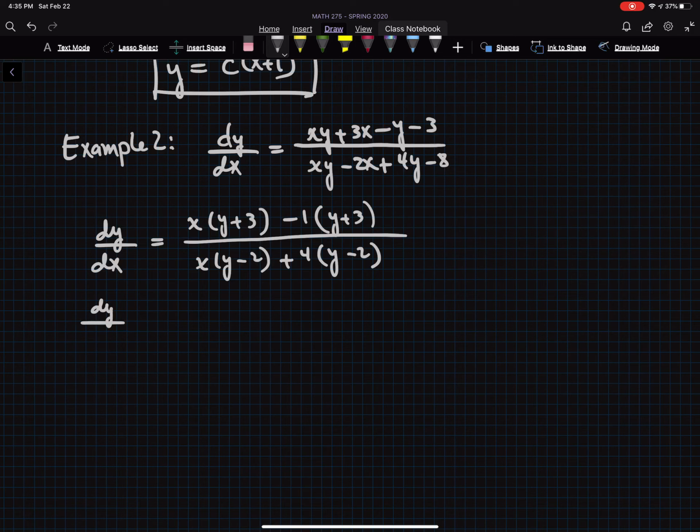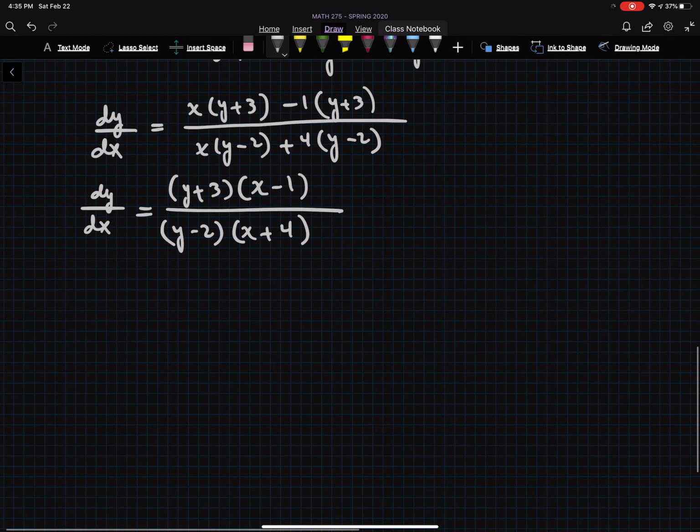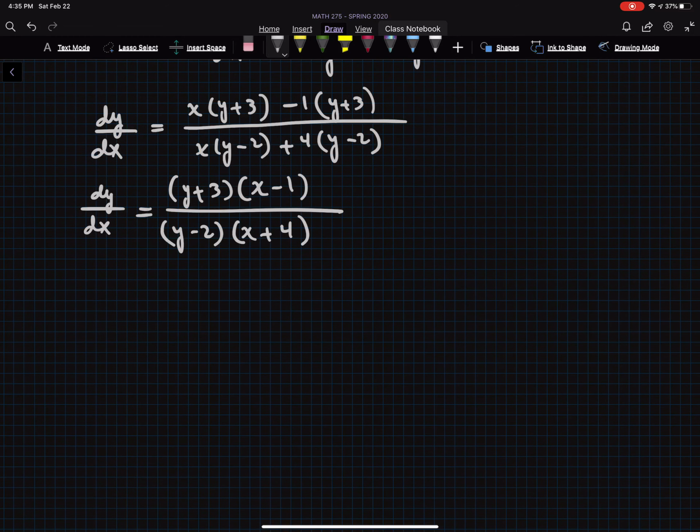This allows me to factor further. If I factor out a y plus 3, I end up with x minus 1. And if I factor out a y minus 2, I end up with x plus 4. And you can clearly see at this point that variables could very easily be separated.